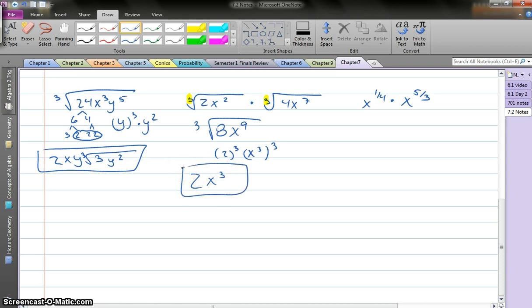Then over here, we have x to the 1/4 times x to the 5/3. We add our exponents to get x to the 23rd over 12, 23 over 12. Put in your calculator 1/4 plus 5/3, math frac. Now I can rewrite this, remember from yesterday's lesson, as x to the m to the nth root.